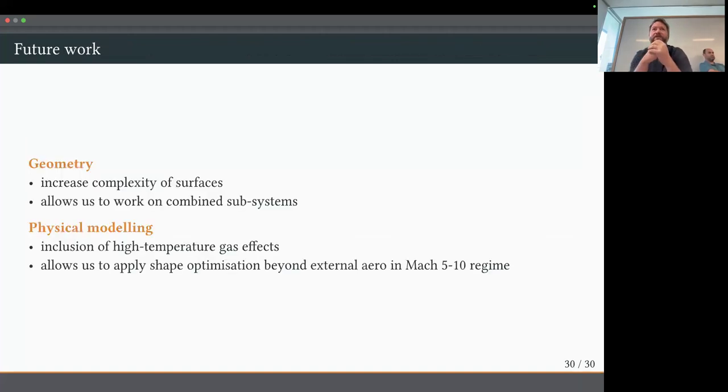So that brings me to, I don't have any great conclusions, but I will just finish on some future work. We're pretty excited with where we've got to, but our next steps, geometry-wise, are going to be to increase the complexity of surfaces we can tackle. And going back to that original engineering challenge, that's going to allow us to work on combined subsystems.